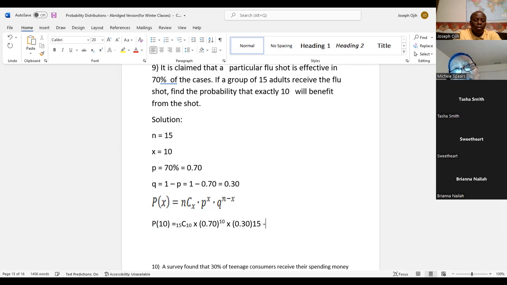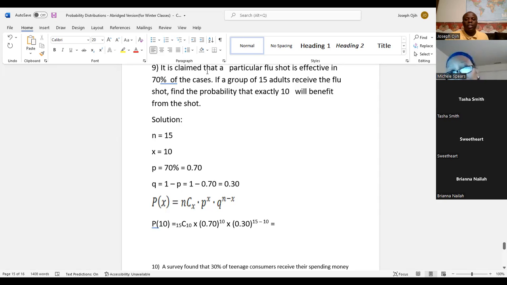So when I plug this in the calculator, let me write it down first. I got 15 combination 10 times 0.70 raised to the power 10 times 0.30 raised to the power 15 minus 10.